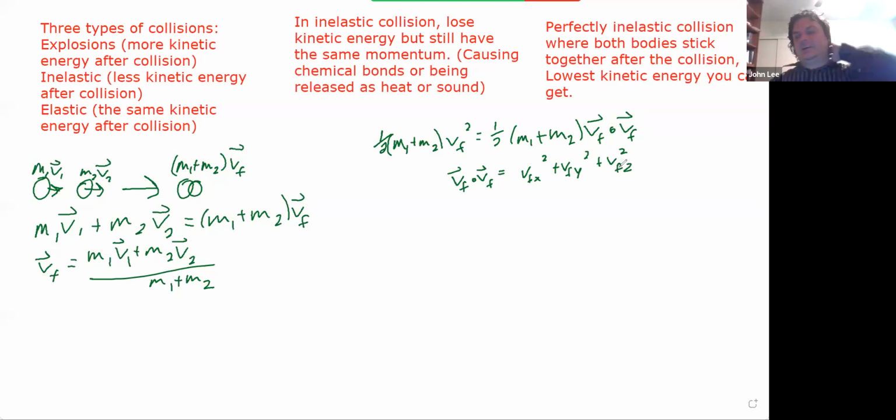And if you're not convinced of this, then you should go over the properties of dot products again, which is equal to V final squared.